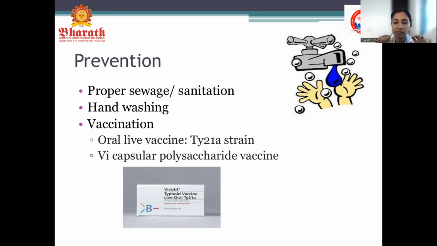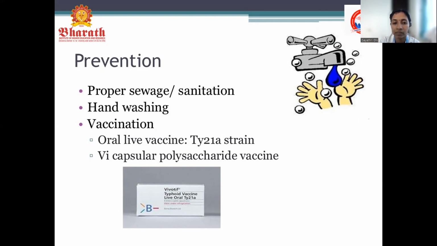And obviously the easiest thing you can do is hand washing, especially before and after using the restroom, in public places, and handling raw food. When you go to the vegetable market, come back, and handle these tomatoes, etc., make sure you sanitize or wash your hands. You never know how we get contaminated.